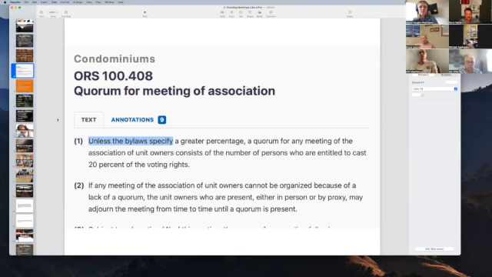So if your governing documents are silent, if you're an Oregon condominium, with respect to your quorum requirement for an owners' meeting, then the statute says it's 20%. So often when I talk about quorum, I will say 20%, and inevitably one of you will say, well, my quorum is 30 or 40%. I know that, and I get that, and I know your governing documents will very often say different things.